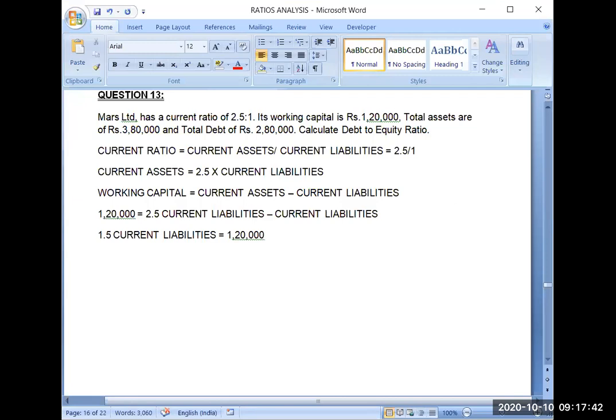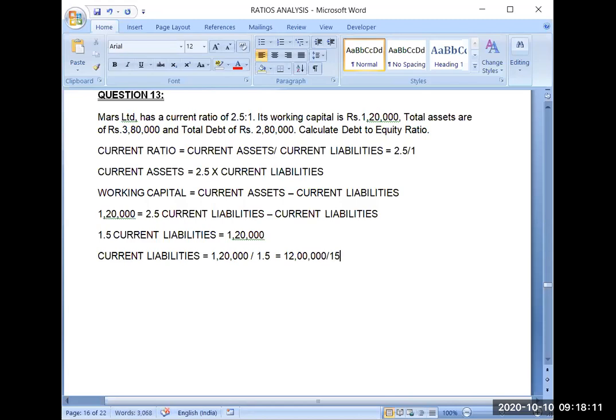So current liabilities will be equal to 1,20,000 divided by 1.5. If I simplify it, it will become 12 lakh upon 15.